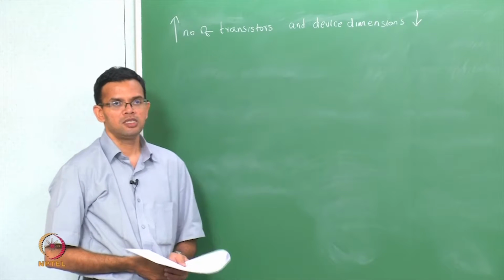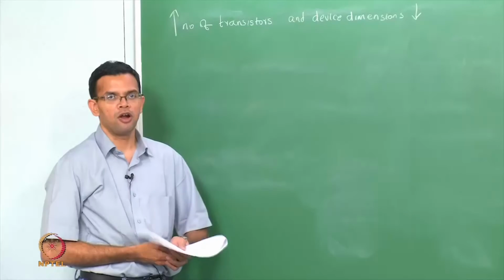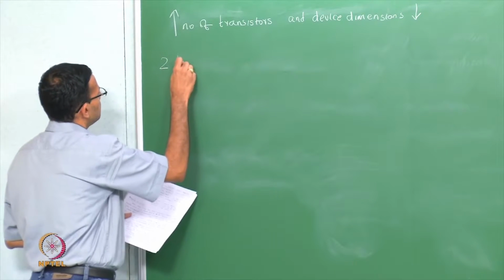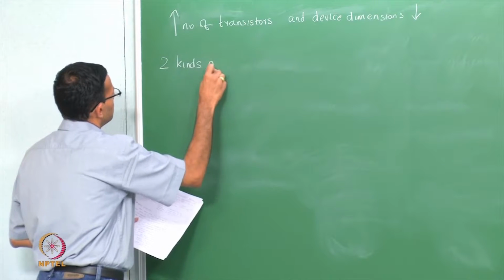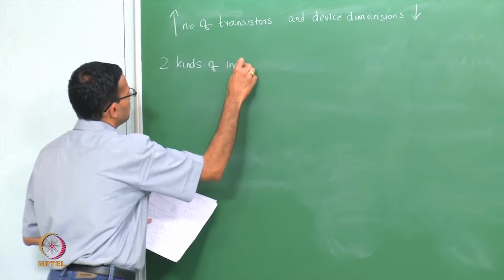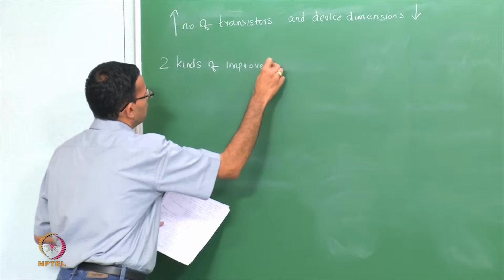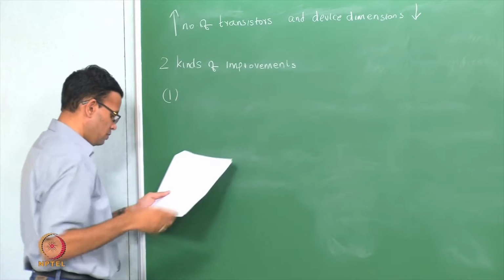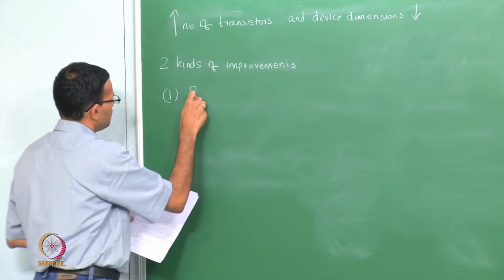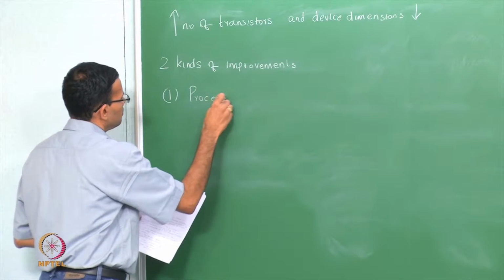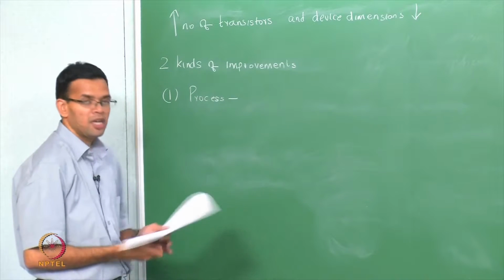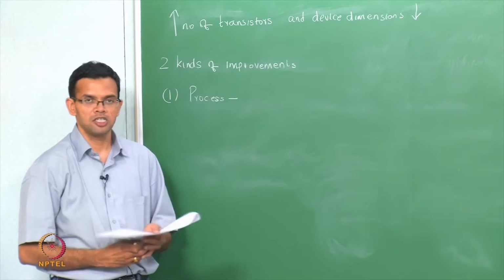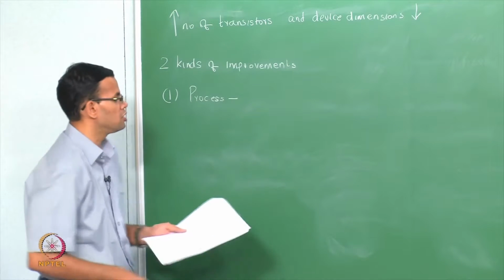The improvements in the IC design can be broadly classified into two types. The first one is a process improvement, in which case you are fabricating the same device and the same structure, but with smaller dimensions.